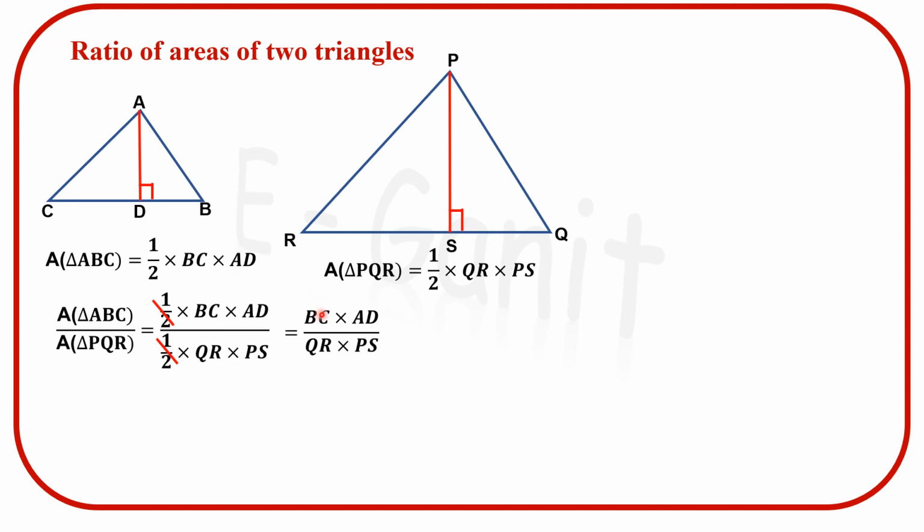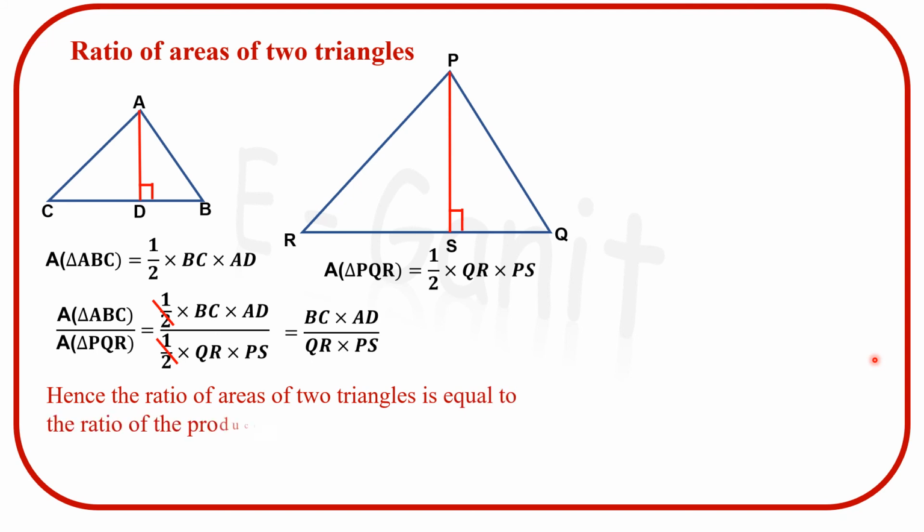Here BC is the base and AD is the height. Hence, we write down the property. Hence, the ratio of areas of two triangles is equal to the ratio of the product of their bases and corresponding heights.